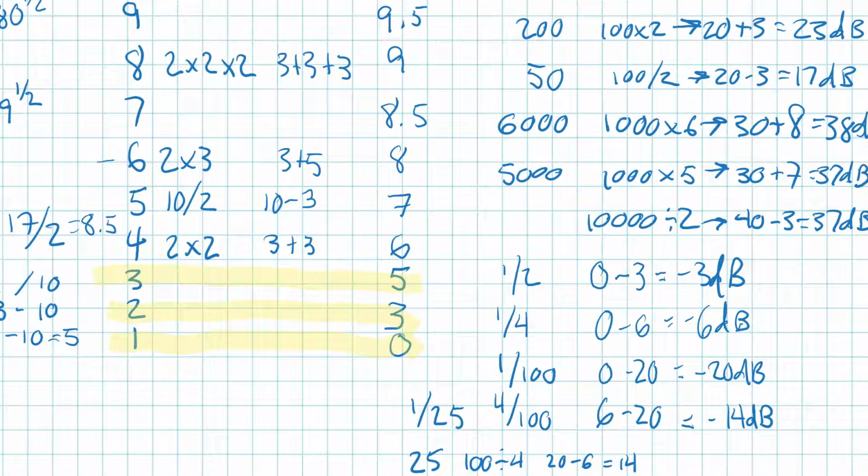So 1 over 25 is the same as 0 minus 14 in the dB system, gets you right back to the minus 14 when you put it in the denominator, so to speak.